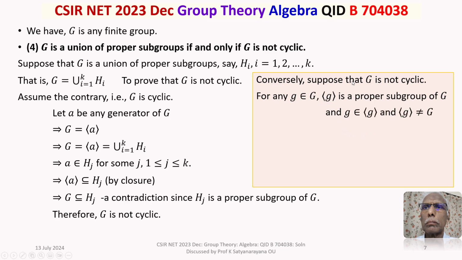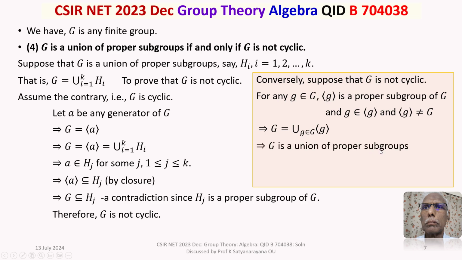And g belongs to the cyclic subgroup generated by g, and the cyclic subgroup generated by g is not the whole of G because no g is a generator. So take the union. G is equal to the union of angle bracket g, where the union is taken over all g belonging to G. Then it will give rise to G. Thus G is the union of proper subgroups of G.